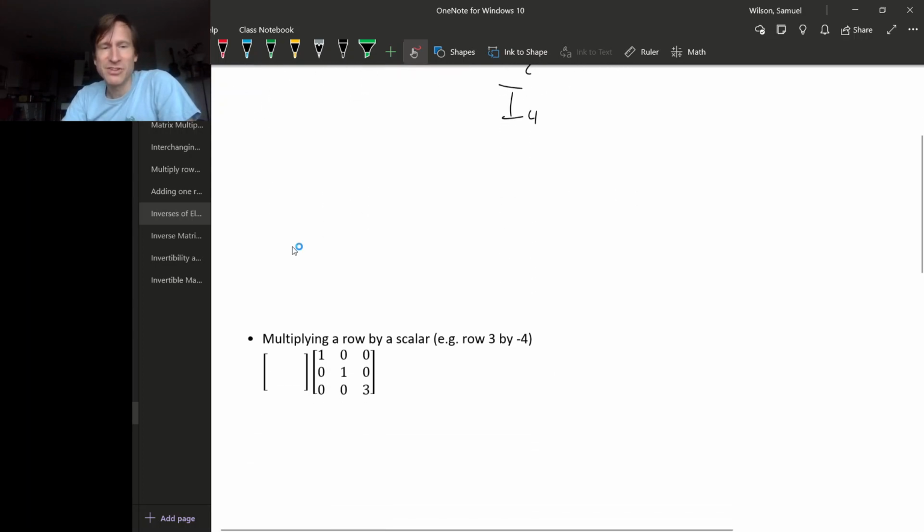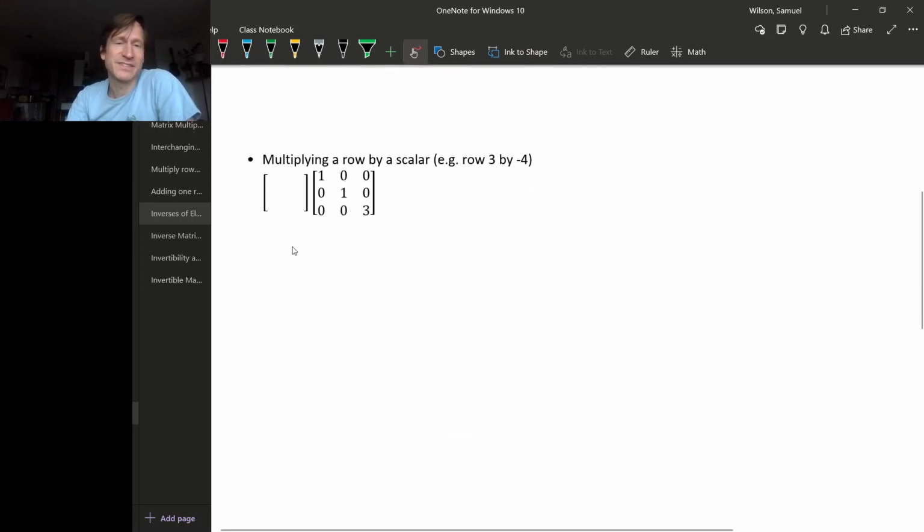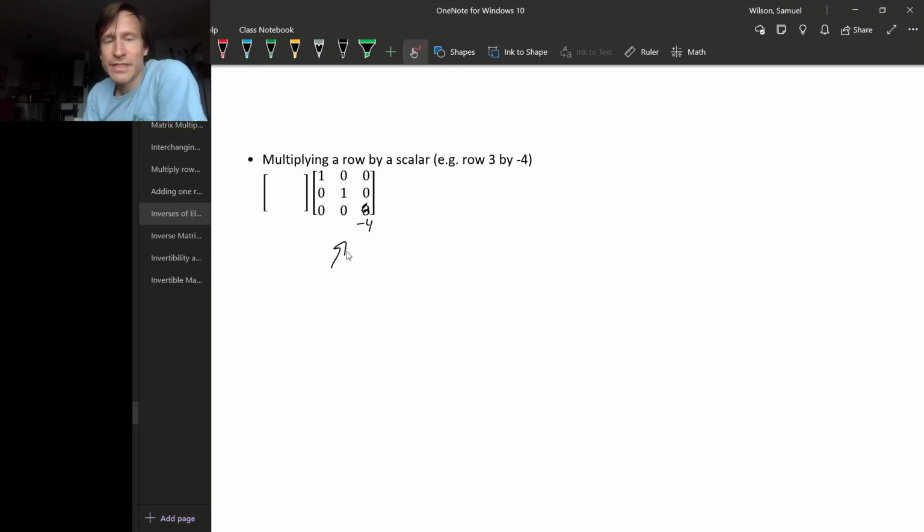All right, well now let's look at the elementary matrix that multiplies a row by a scalar. Here I have a 3 by 3 example, and so I should have a -4 here. So here's the matrix that multiplies row 3 by the scalar -4. What would the opposite row operation be? What row operation would undo this row operation?